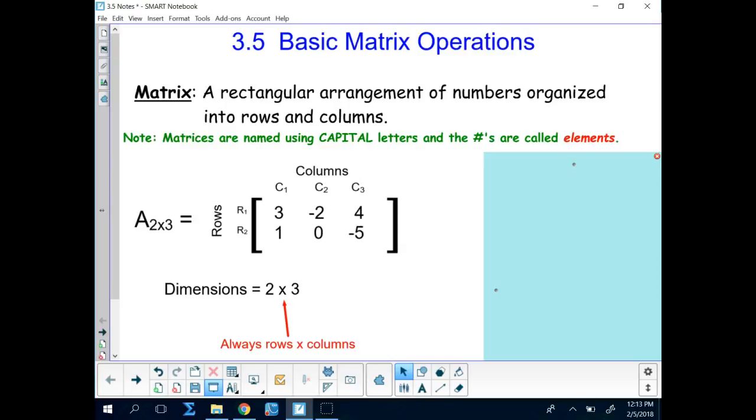A 2x3 matrix has 6 individual elements. In row 1, column 1, the element is 3. In row 1, column 3, the element is 4. In row 2, column 2, the element is 0.